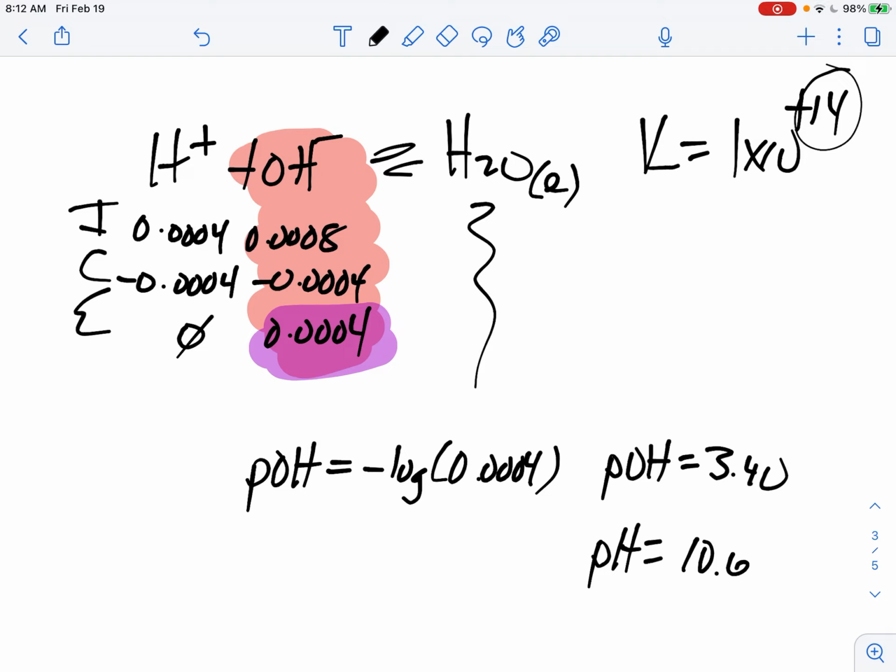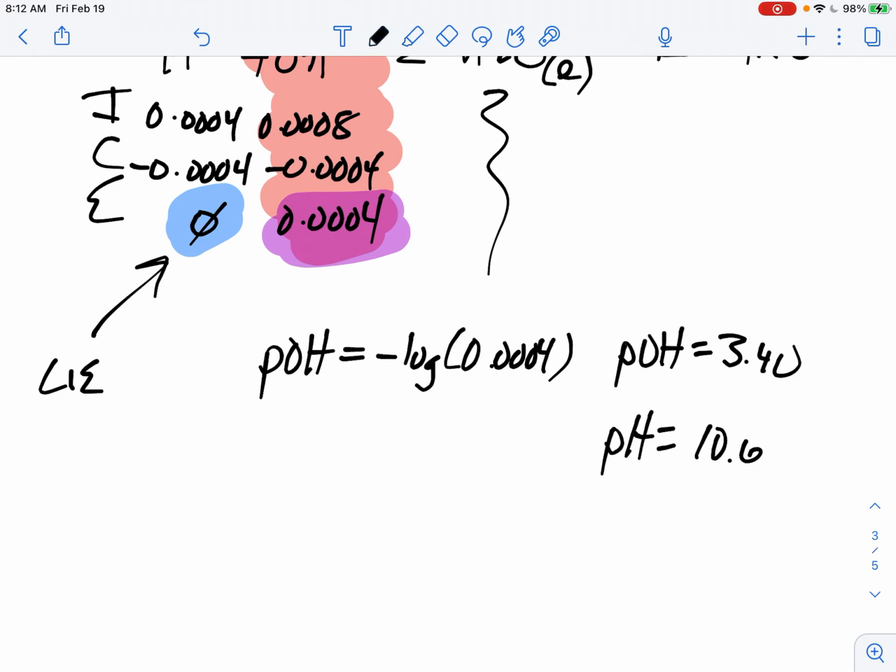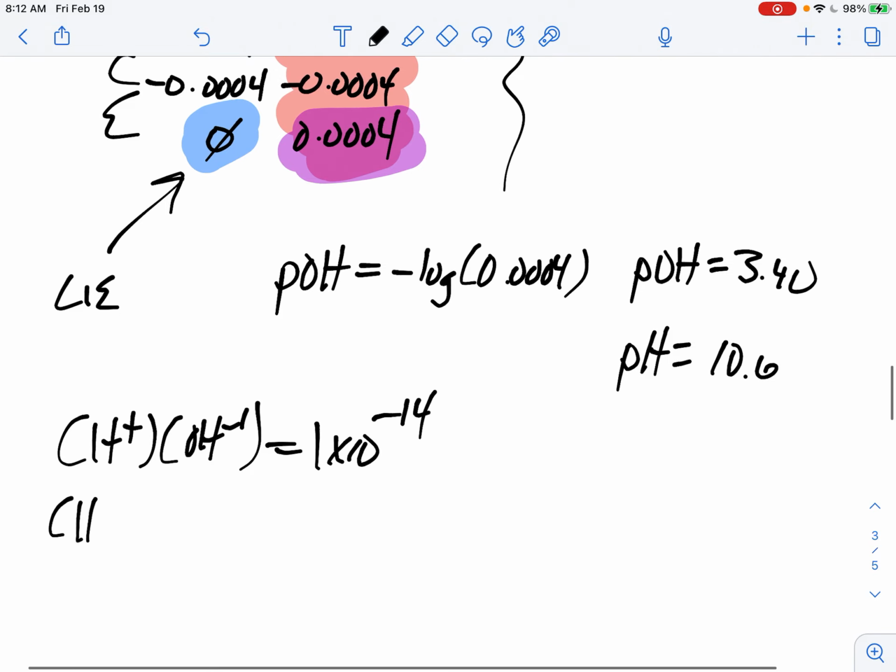Now, technically speaking, that is not a 0. That is technically a lie. But it's going to essentially be 0. It's just not going to be exactly 0, because we can't be at equilibrium and have something at 0. So should they ask, they're not going to, but should they ask what that number is that we are looking at here in blue, remember that you always have H positive times OH negative equal to 1 times 10 to the negative 14th, and so the H positive times 0.0004 is equal to 1 times 10 to the negative 14th.